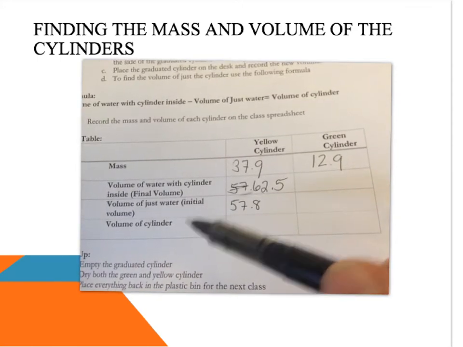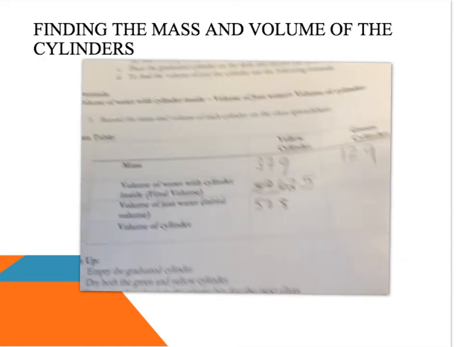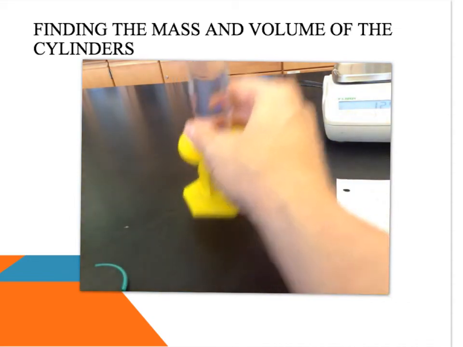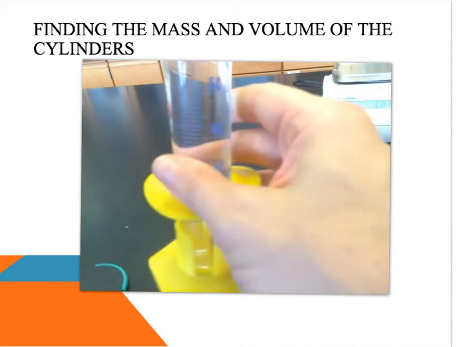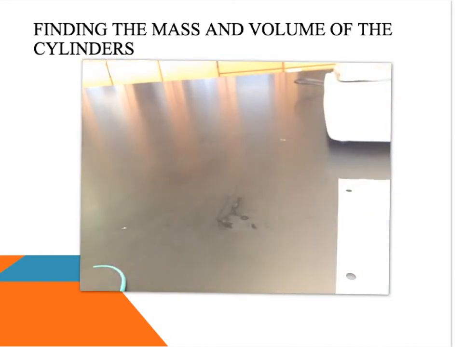So then you're going to repeat that same thing with the green cylinder. Okay, so in order to get your cylinder back out, you're simply going to dump the water into your sink and catch the cylinder before it spills. So I'm just going to dump it out.